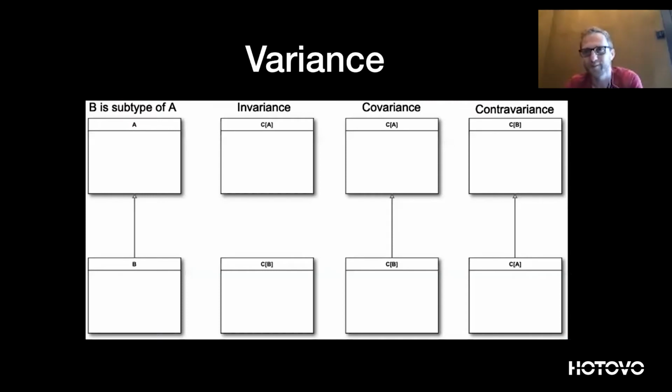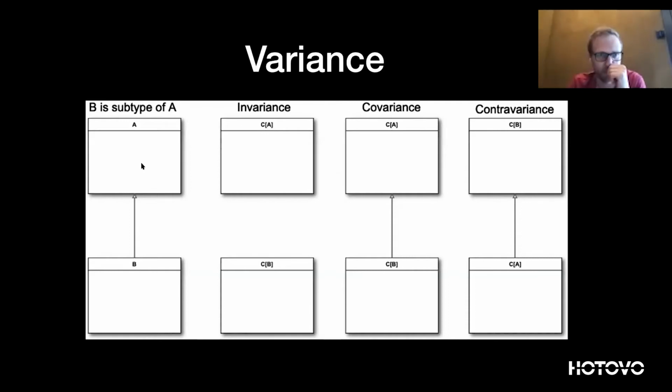So this presentation is going to be mainly about variance, because this is one of the concepts in generics that is not well understood. So I'm going to try to explain that a bit more. So what does variance mean? Imagine we have a hierarchy of classes or types.